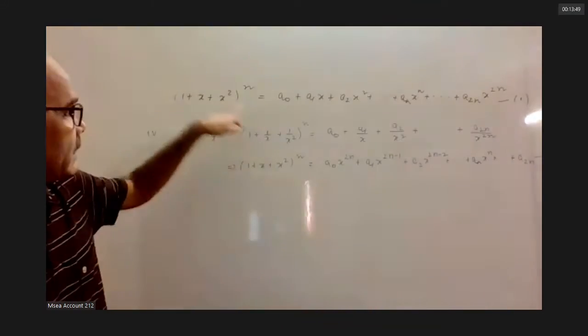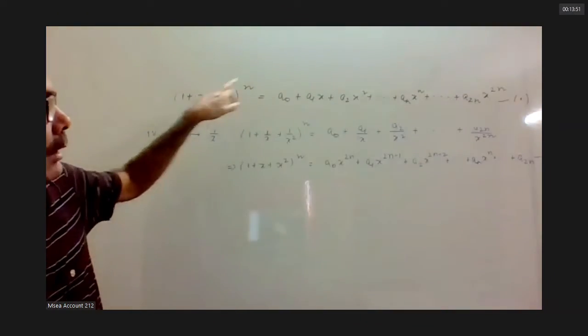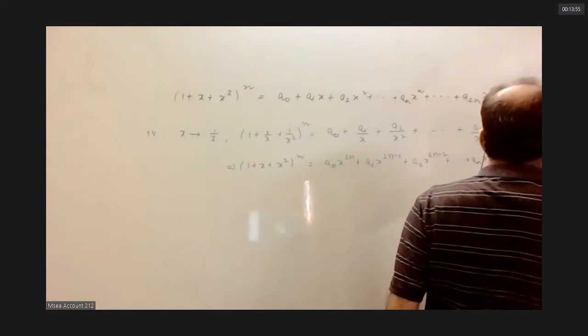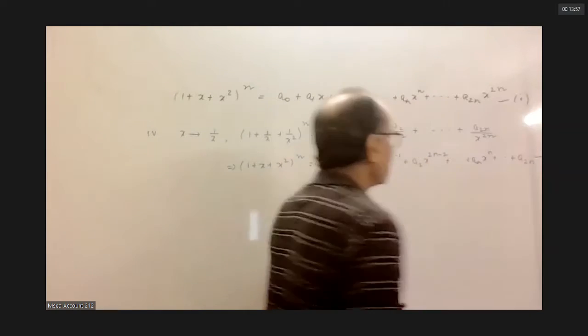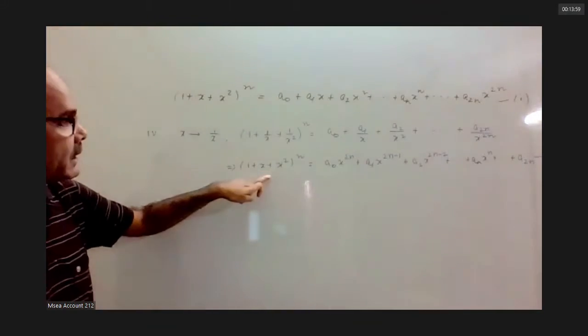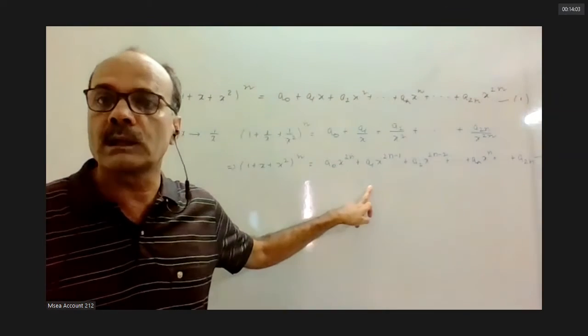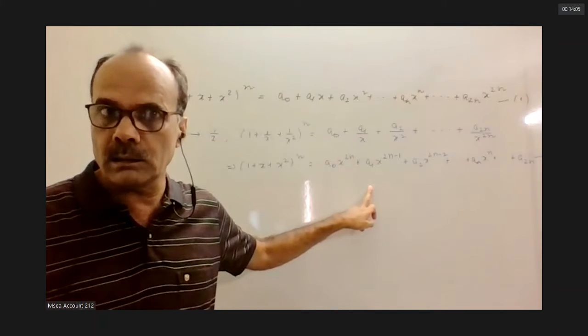See, left hand side of 1 and 3, name it 3, is same, so right side has to be same. So 1 and 2 represent the same polynomial.